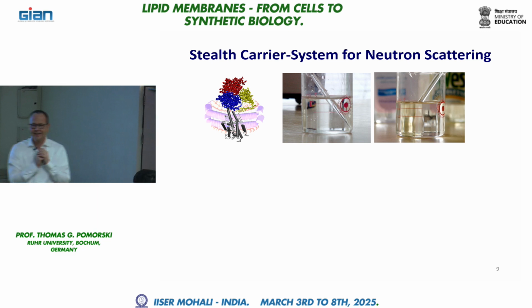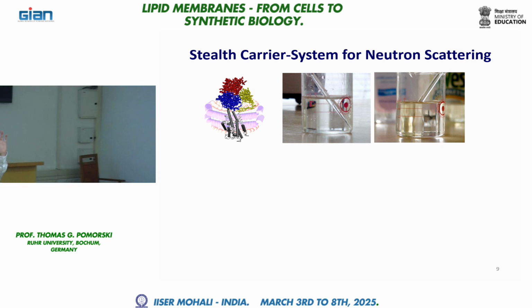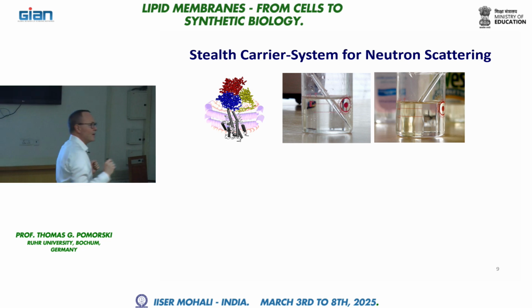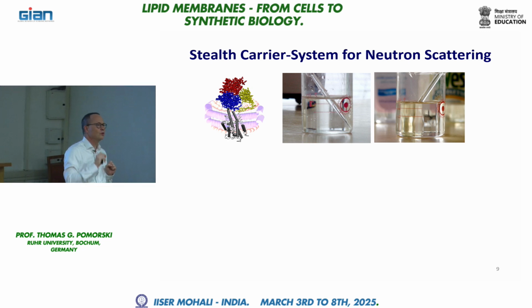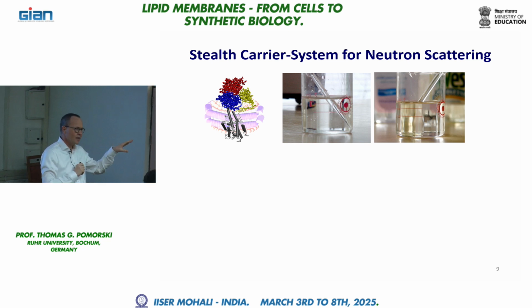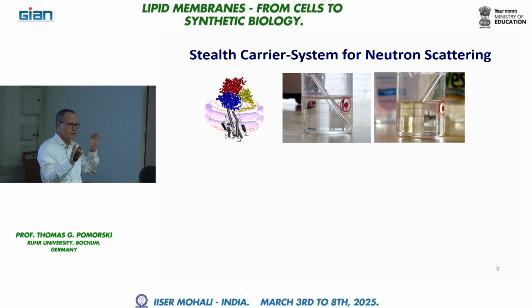Do you remember the two solutions? Maybe you would need to look back in the protocols. But I think Rajani used two different solutions. You make GUVs probably in sucrose solution, and you resuspend them in glucose. Two different solutions.